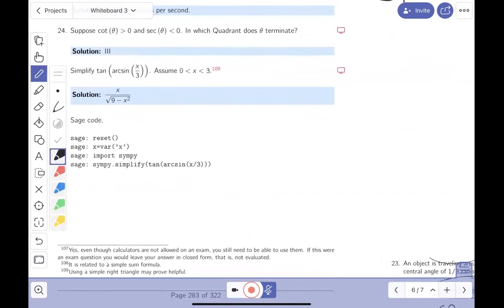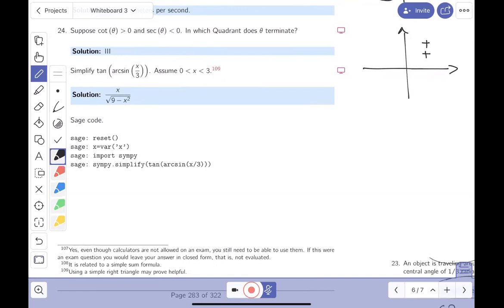All right, let's talk a little bit. The cotangent of theta is positive, but the secant is negative. Let me go through this with you. This might require thinking, or somebody said it doesn't require any thinking at all, but all trigonometric functions in the first quadrant are positive. Every single trigonometric function in the first quadrant is positive. It's the other ones that change signs. So let's talk about the cotangent being positive.